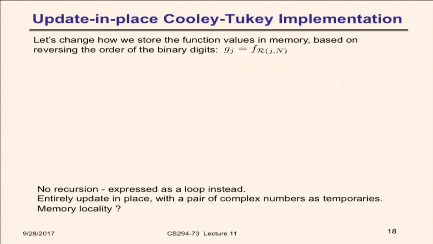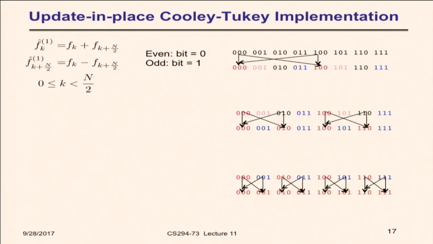So how do we take advantage of this in a real implementation? Let's change the order in which we store the function values in memory based on reversing the order of the binary digits. So if we say, let's make a new vector, the way you construct that new vector is you take the original j, expand it in binary, and reverse the order of the digits.